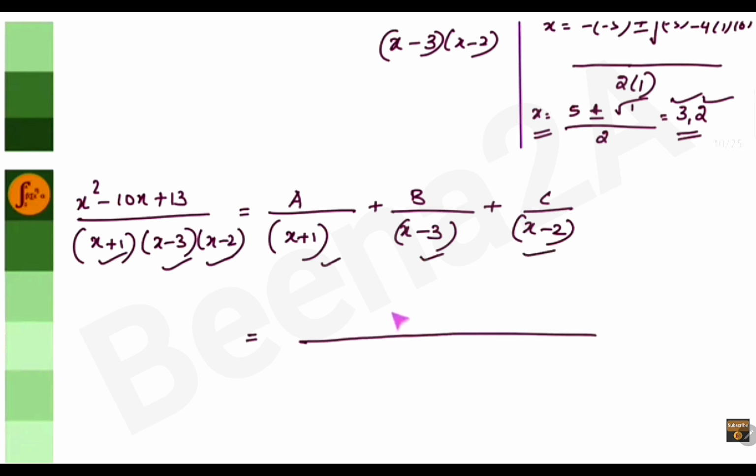We can take LCM, or you can multiply on both the sides by the denominator. Again, there are 2 methods. You can either use LCM or multiply on both the sides by the denominator.